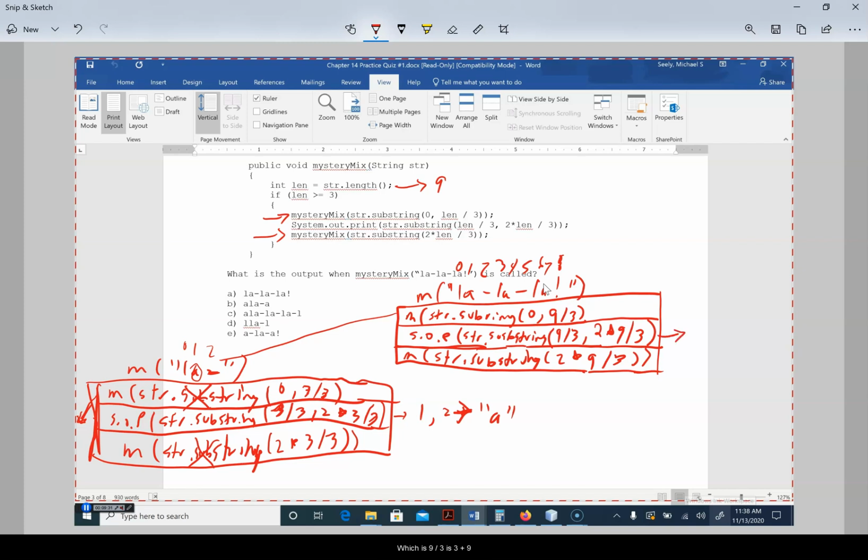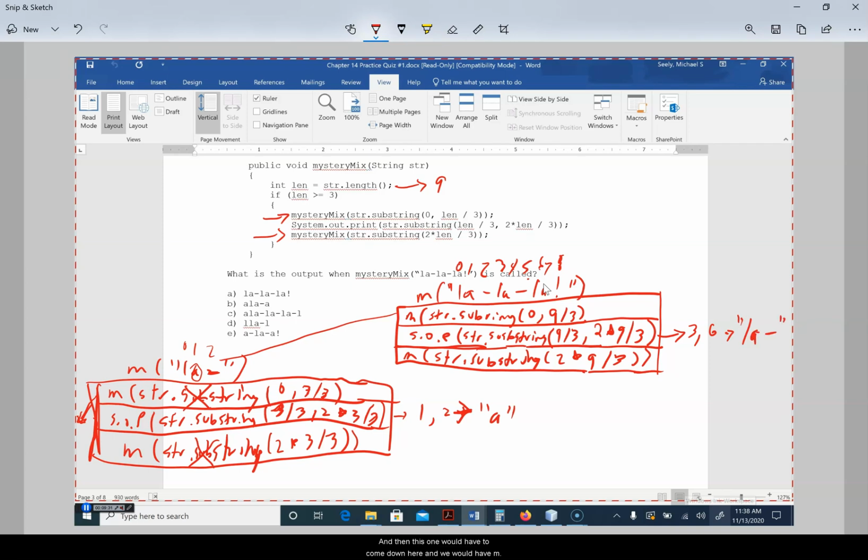which is 9 divided by 3 is 3. And then 9 divided by 3, 3 times 2 is 6. So we've got 0, 1, 2, 3, 4, 5, 6, which is just these 3 through 5, which is just L-A-dash. Okay.